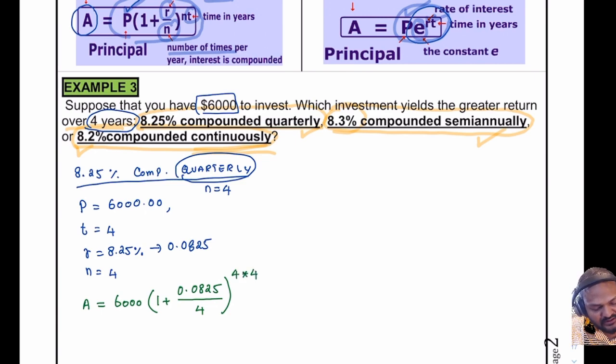If you use your calculator, it should give you something around 8317.84. It's an approximate value, not exact.